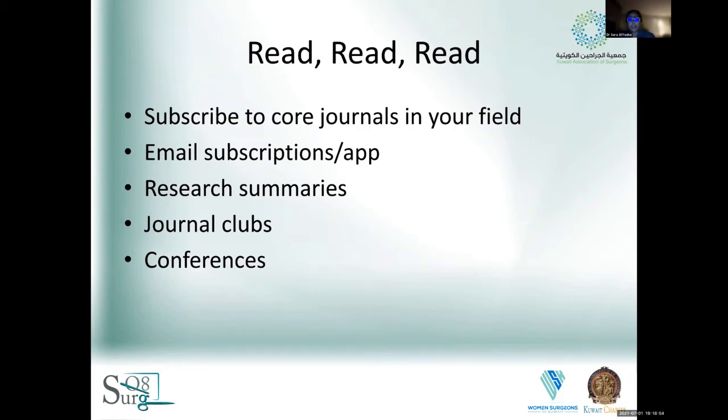Okay. You can join their emailing list, so they'll send you, it's only once a month. Just have a read through how things are written and what are the topics that they're looking for. You can also use research summaries that are available, journal clubs, conferences. All these things will give you a better sense of what journals are looking for and what type of research they like.